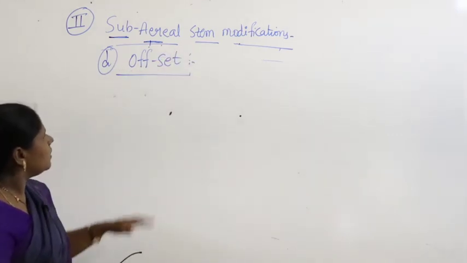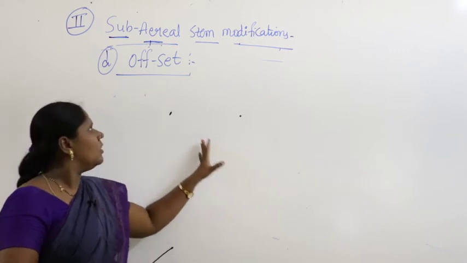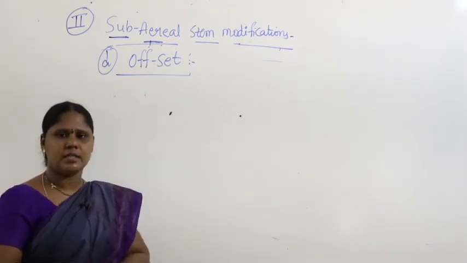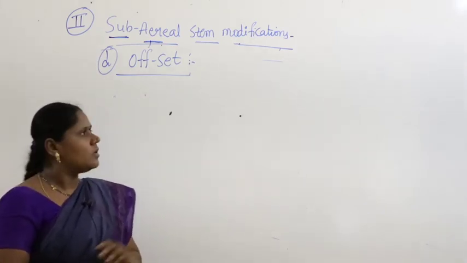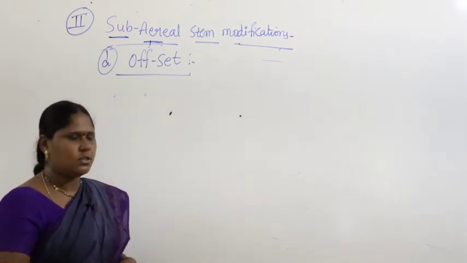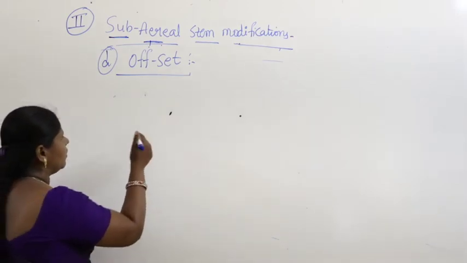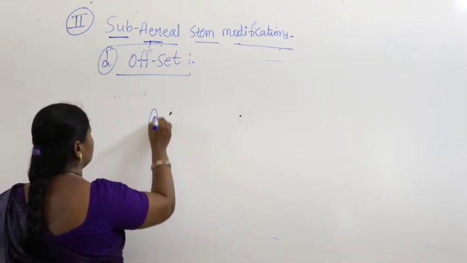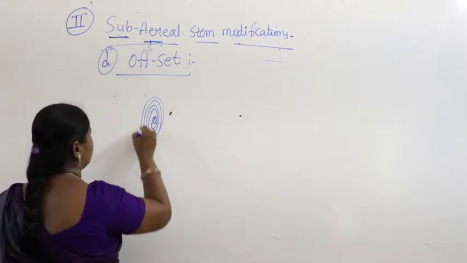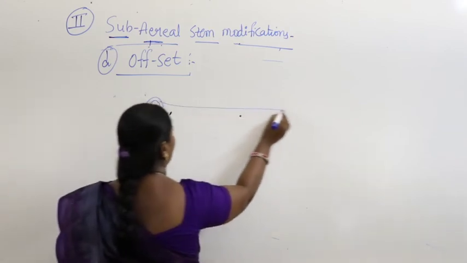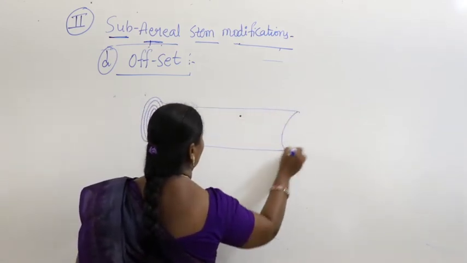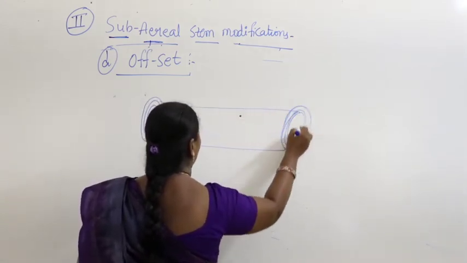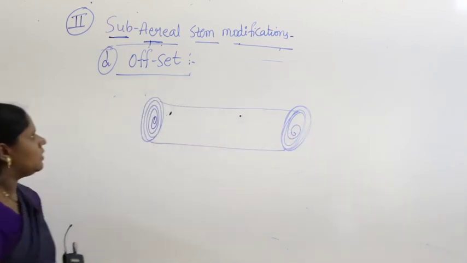So here, offset. This is also a type of subaerial stem modification. So let us talk about offset here. Now in offset also we find a discoid stem. You can see this is nothing but a discoid stem.